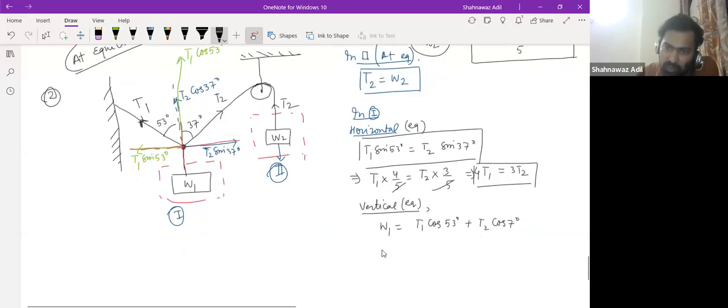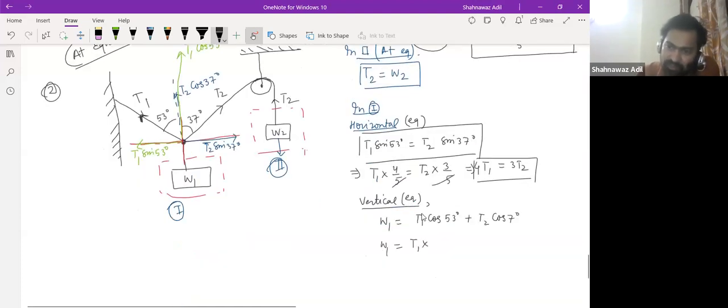W1 is T1 times cos 53, which is 3 by 5, plus T2 times 4 by 5. So 5 is common and we take it to the right hand side. So W1 is 3T1 plus 4T2, divided by 5.